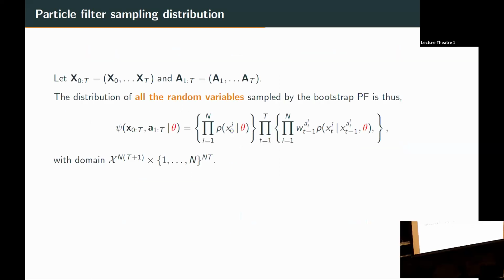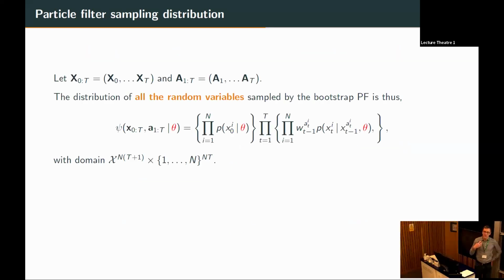Putting all of this together, we can write down the full joint distribution over all the random variables generated by the particle filter. I will denote that by this psi. So it's now a distribution over this high dimensional space, which is the space of all the particles and all the ancestor indices. The domain here would be, if each particle x lives in some space calligraphic x, then we have this Cartesian product, the n times t plus 1 whole product of x for all the particles at all time steps.